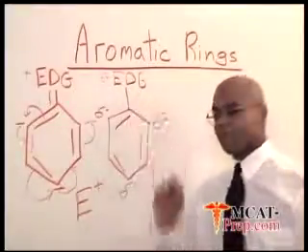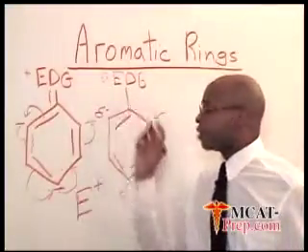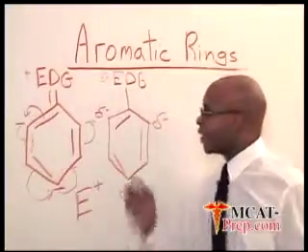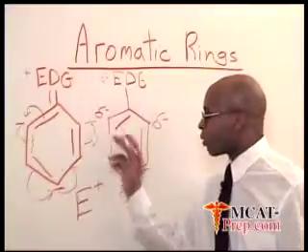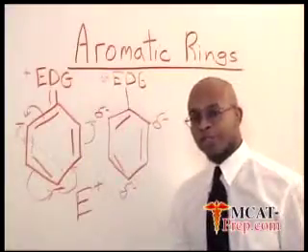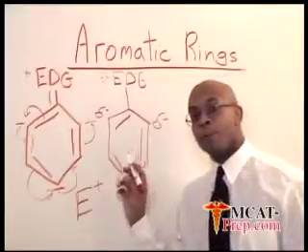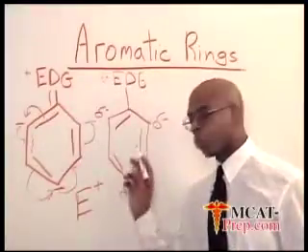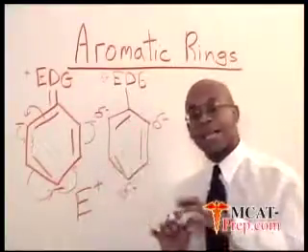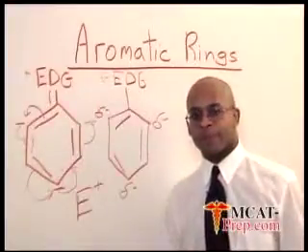But if there is an electron donating group attached, then it not only directs to the ortho and para positions, but it activates the ring. It makes the ring more reactive than it would have been had there been nothing attached.